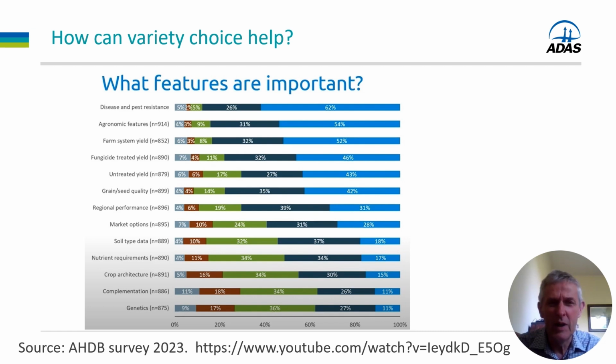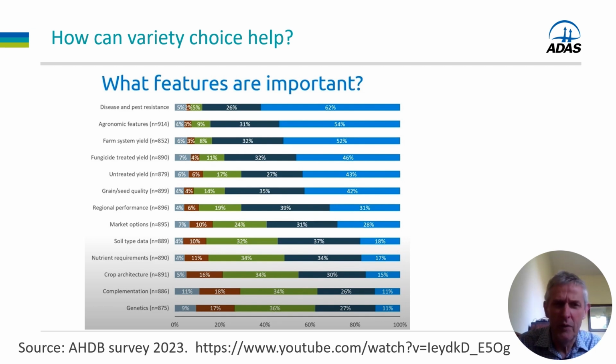And the question asked was, what are the features that are most important in a variety? And I think for the first time, pest and disease resistance came out as the highest priority trait for cereal varieties, coming out ahead of agronomic characteristics and indeed coming out ahead of fungicide treated yield, whereas previously fungicide treated yield tended to come out as the most important trait in a variety.